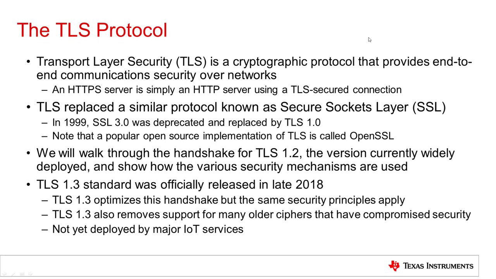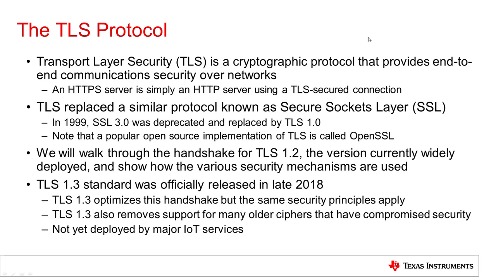Now, there is a more recent TLS standard called TLS 1.3 that came out in late 2018. It does optimize the handshake, so the handshake is a little bit different, but the same security principles apply. The other thing that TLS 1.3 does is it removes support for many older ciphers that have compromised security.